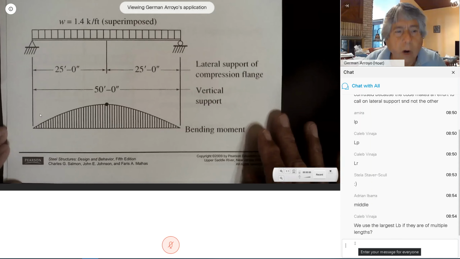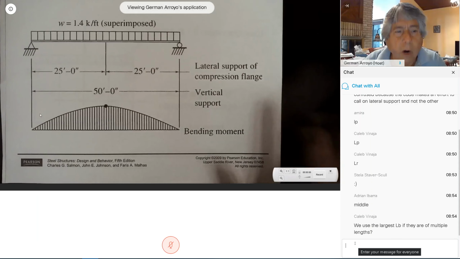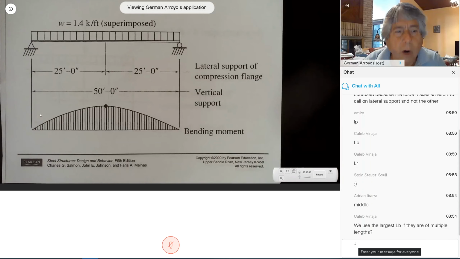This is another case. Not necessarily the largest L sub B, because the largest L sub B could be with the smallest moment. So we have to be careful. Sometimes, especially in a problem, we have to check both. But the most important value is the moment.